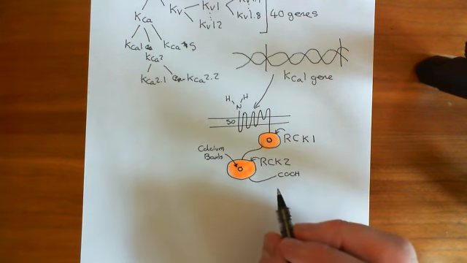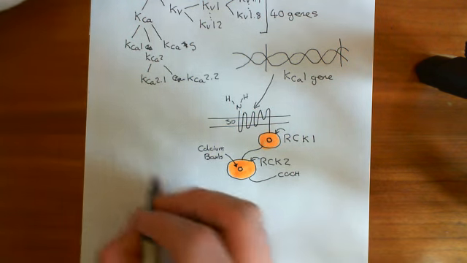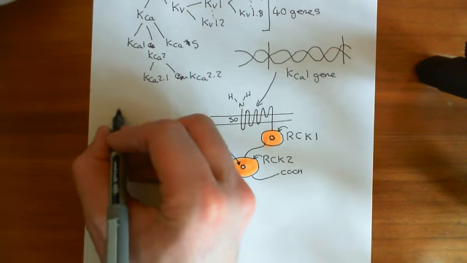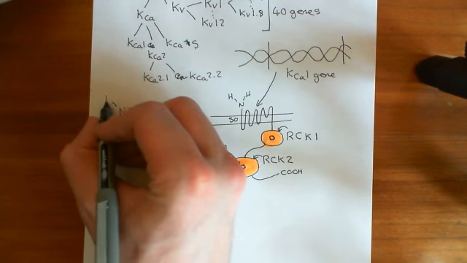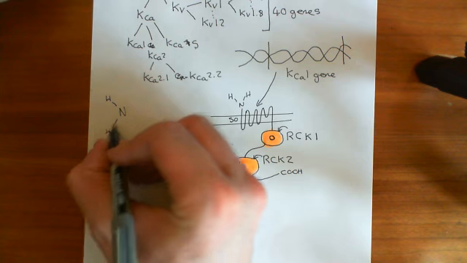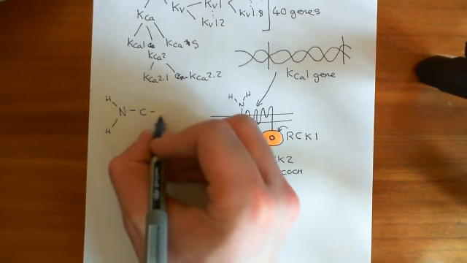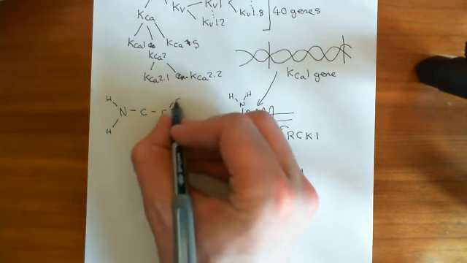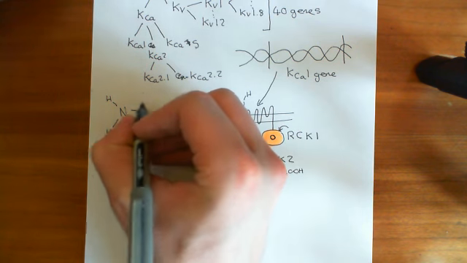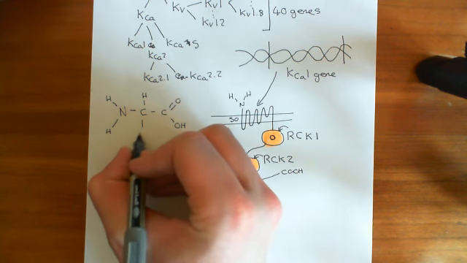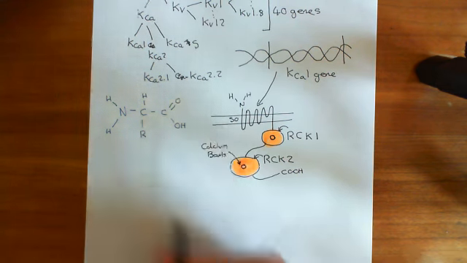So let me remind you of the structure of a polypeptide. Firstly, we'll start with an amino acid. So here is an amino acid. You start off with the amino terminus bonded to the alpha carbon in the middle, and then you have the carboxyl group over here. Then you have a hydrogen here, and then the R group, which determines which amino acid it is.